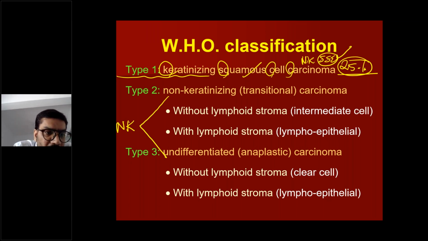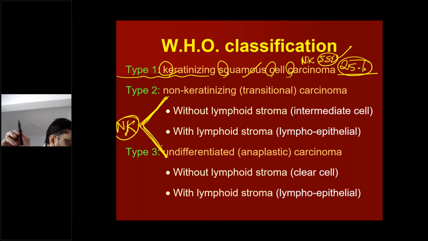When you get non-keratinized variety, you can have classification like non-keratinizing, and in that only it is classified as undifferentiated. Of course, the classification is somehow complicated and confusing as far as pathology is concerned. So type 2 and type 3 are non-keratinizing varieties.